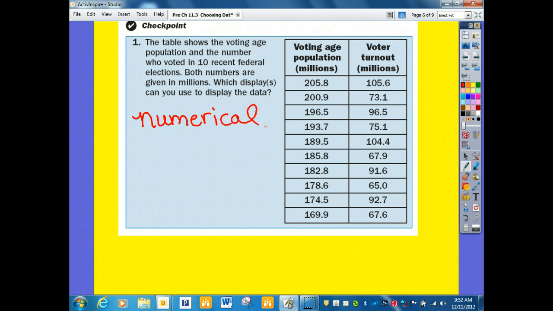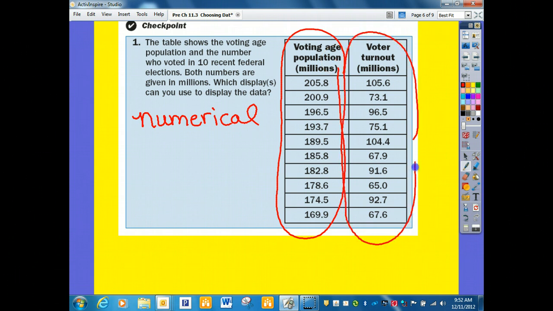So now that it's numerical, we know that our choices cannot include what? Bar graph or circle graph. Good job. So looking at our numerical choices, what do we have here? We have the voting age here in millions, and that's paired up with our voter turnout in millions.